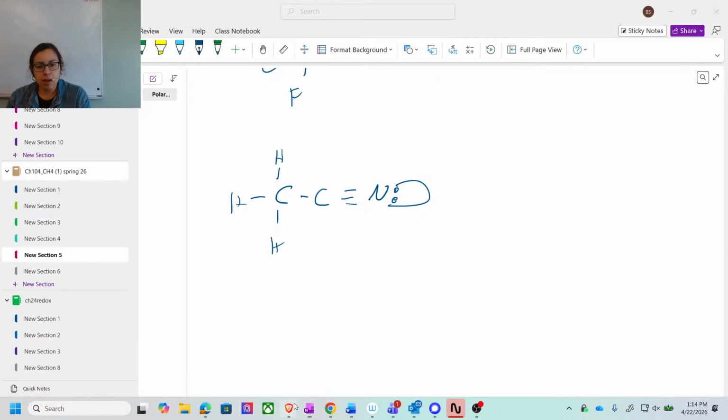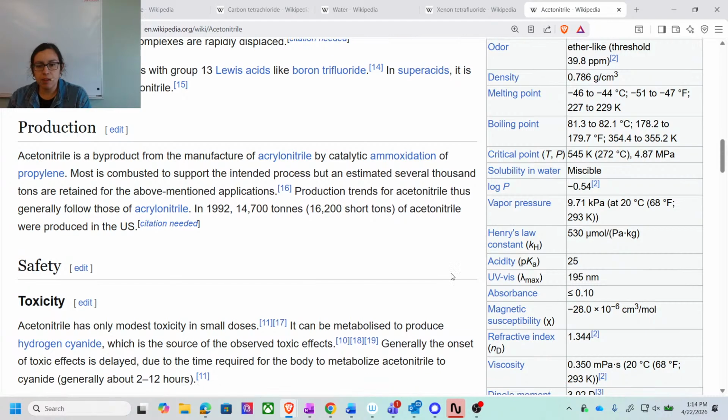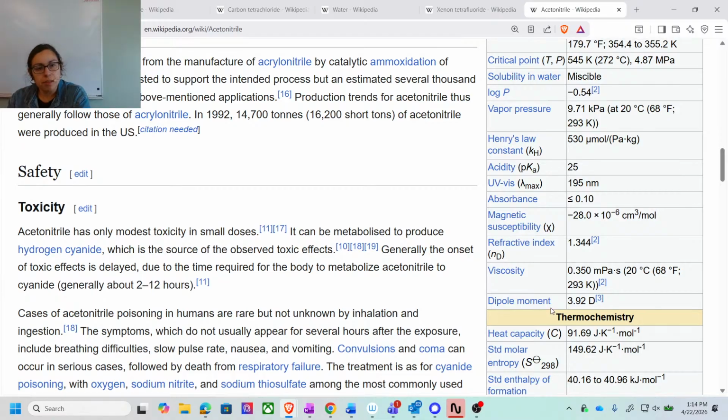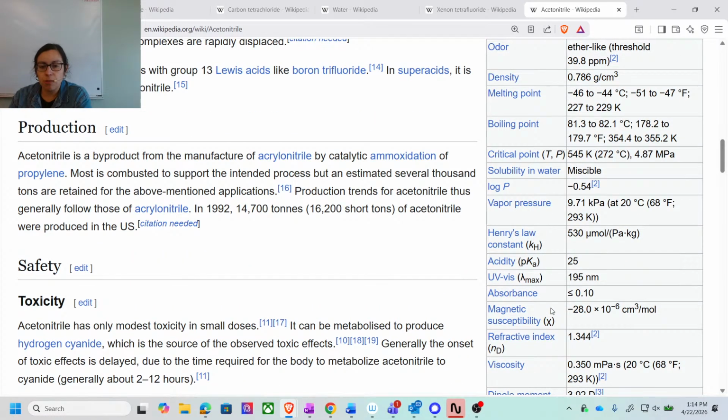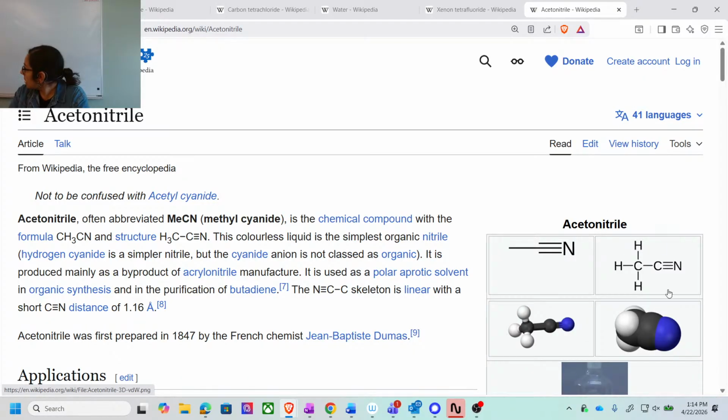Let's compare the dipole moment experimentally. This one is close to 4, about 3.92. That's kind of what we'll see for our range of normal compounds. I'm not sure what the theoretical range of the dipole moment is, but this would be considered a fairly polar molecule at almost 4 for our dipole moment.